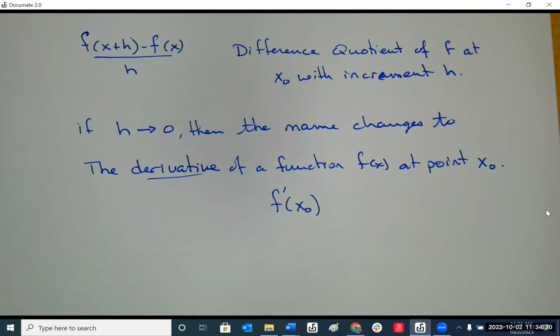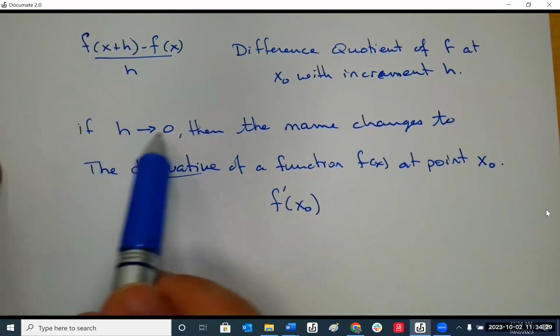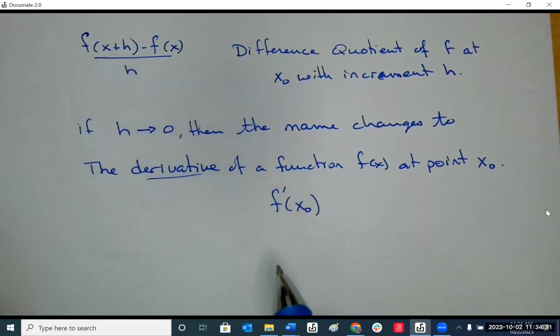So as h goes to 0 of the difference quotient, we have a limit.